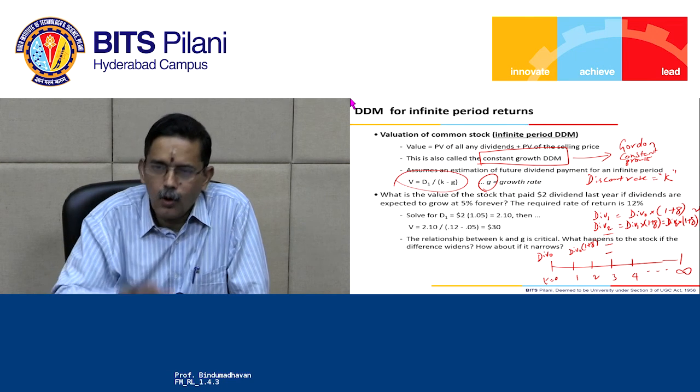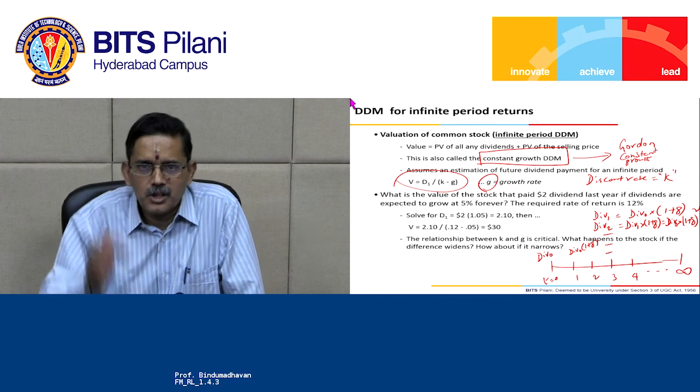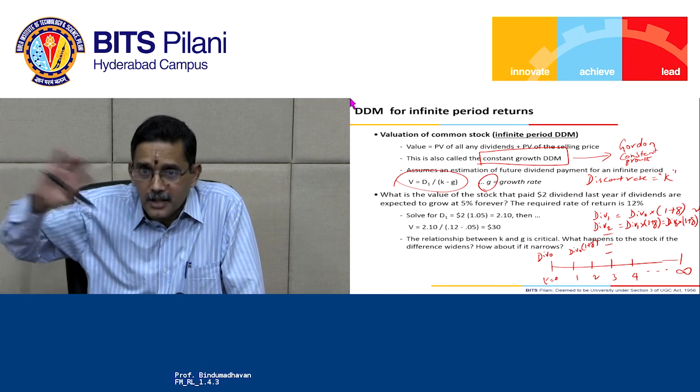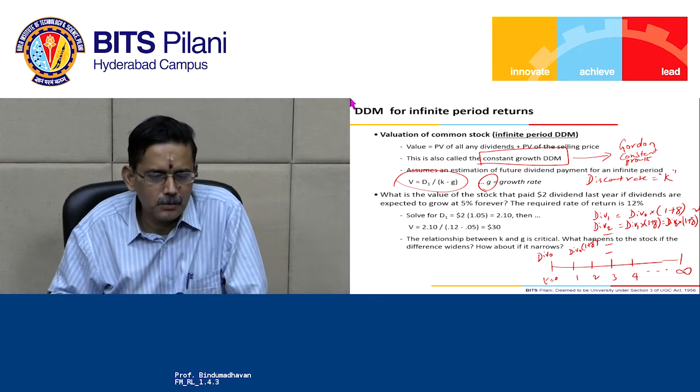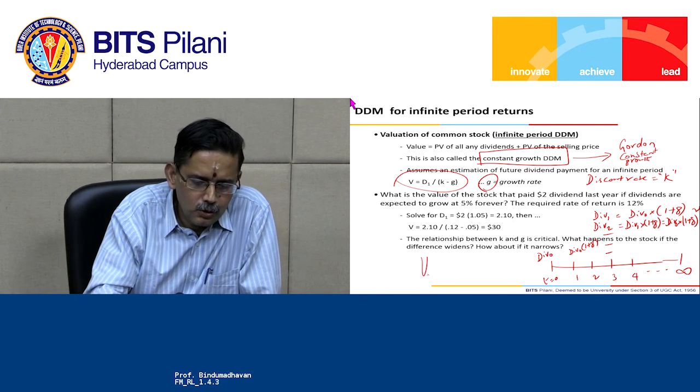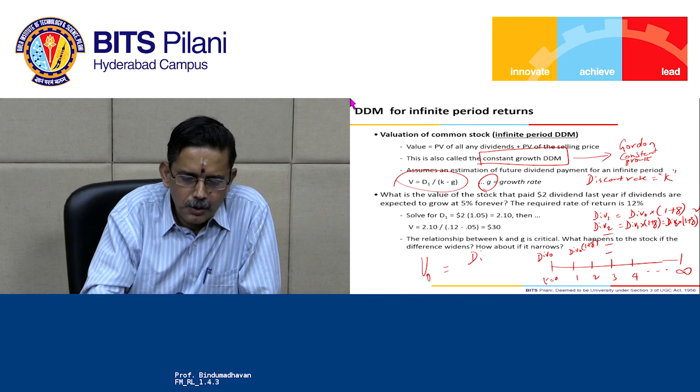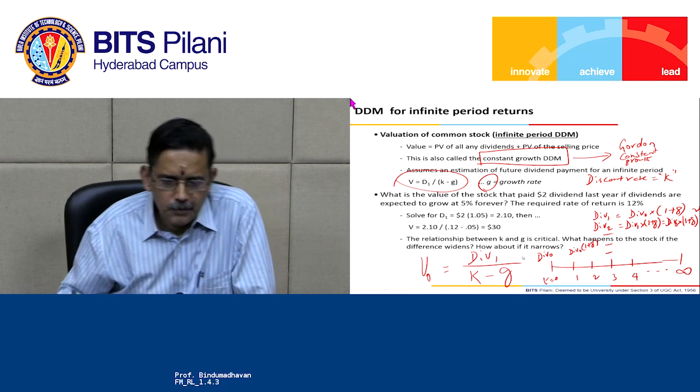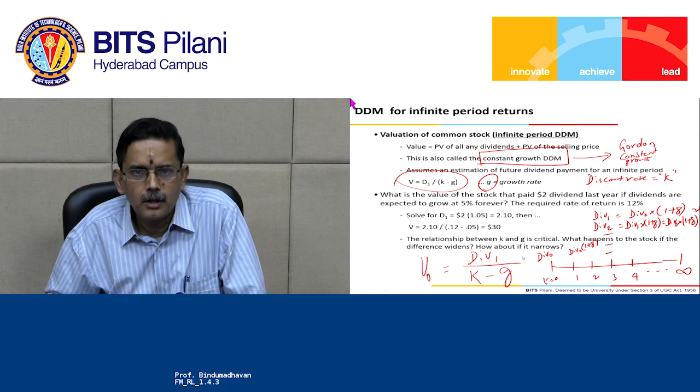So when you add all these present value terms for the dividends until infinity, it simplifies to a very simple formula, which is that the value of the stock today is equal to dividend next year divided by the required return minus g. This is the formula for the Gordon constant growth model. Okay.